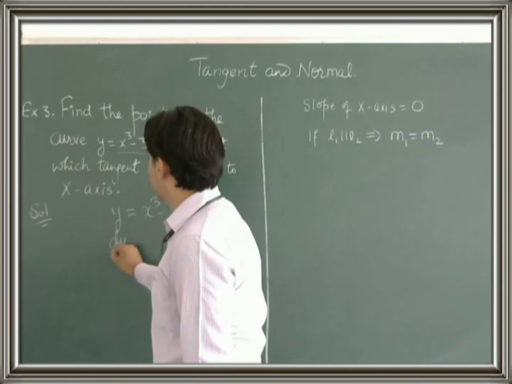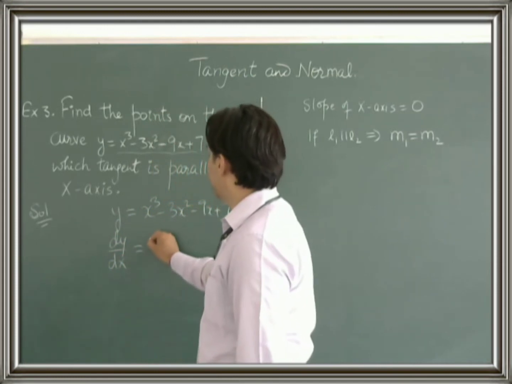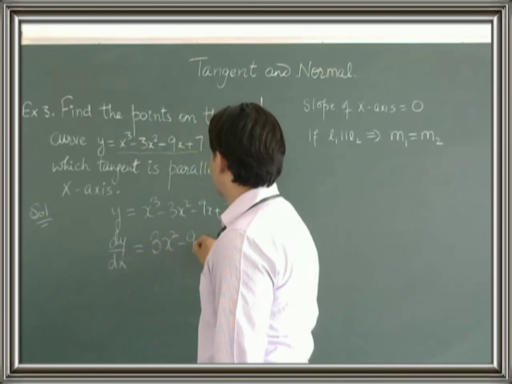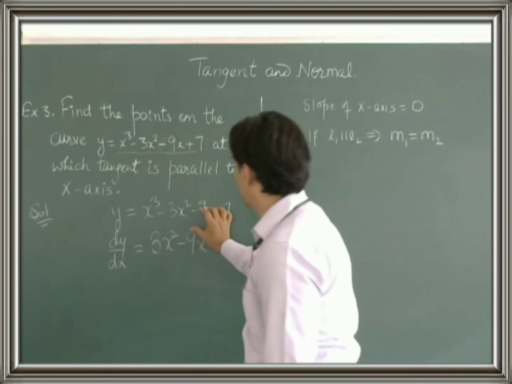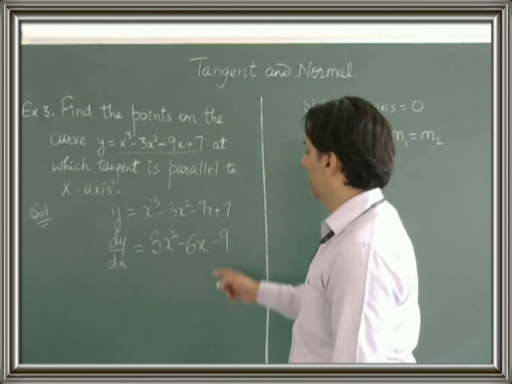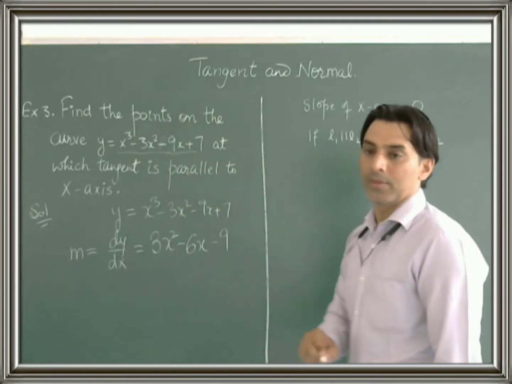Slope of tangent is given by dy/dx. तो dy/dx यहां से हमें क्या मिलेगा? 3x square minus 9x minus 9. Sorry, it is minus 6x minus 9. This is the slope of tangent.